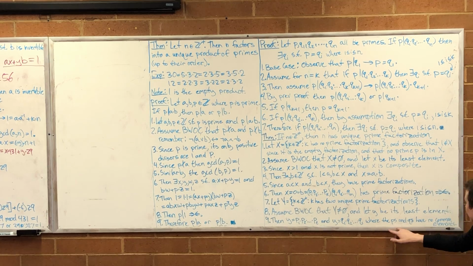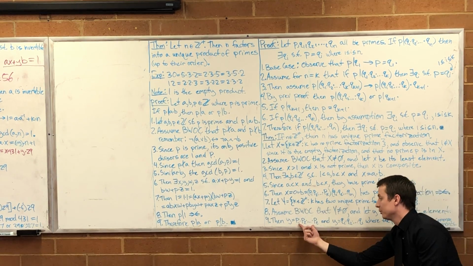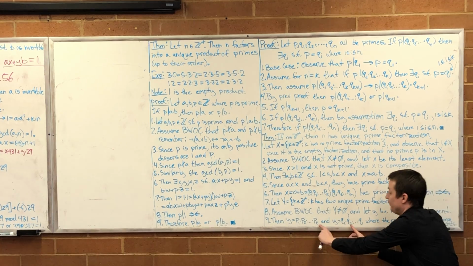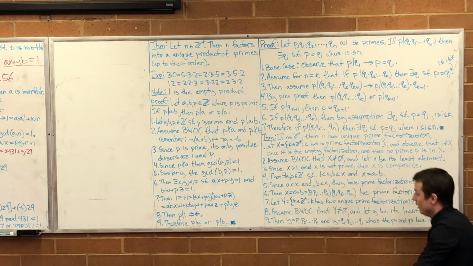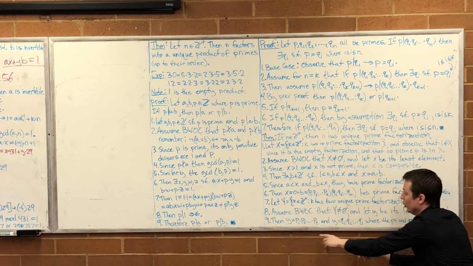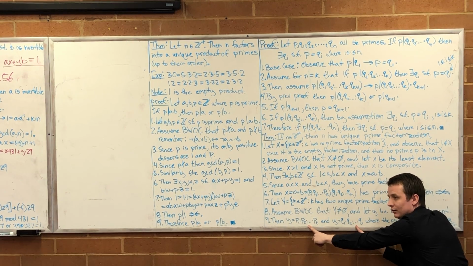And notice that the p's and the q's are going to have no element in common. None of the prime numbers that show up here can show up here. How do I know that? Because I factor that prime number out of both of those. Y is equal to this, and y is equal to this, right? Assume that some prime number, say 2, shows up over here and 2 shows up over here.